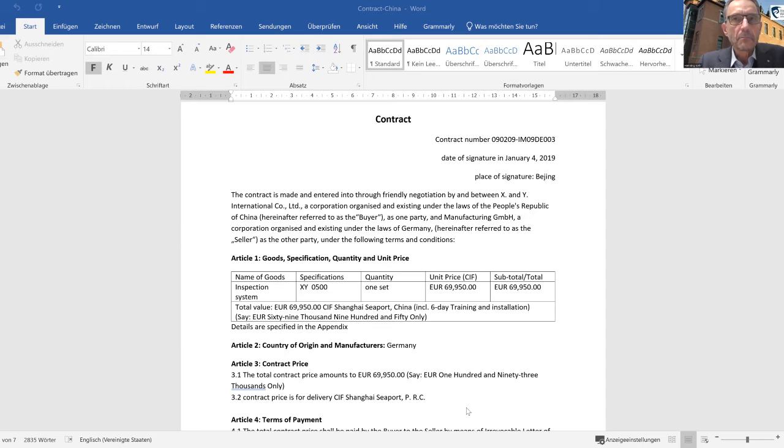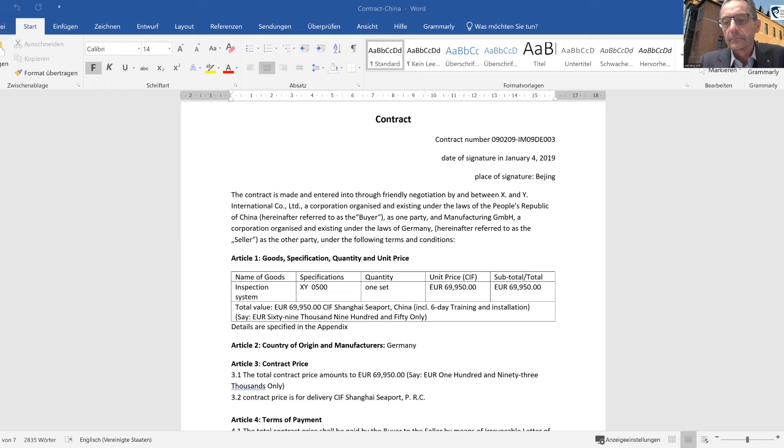And if you have to decide which one, the amount in figures or in words, the written one, then usually the written one is the relevant.